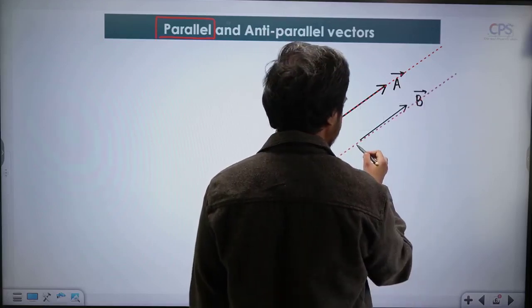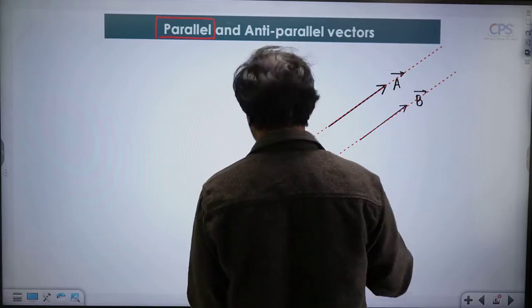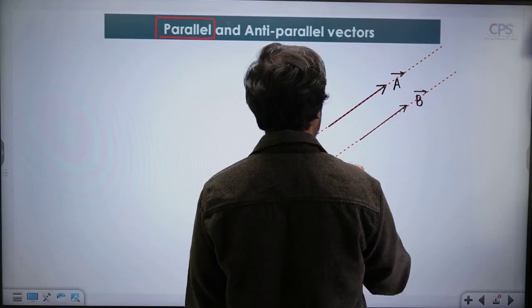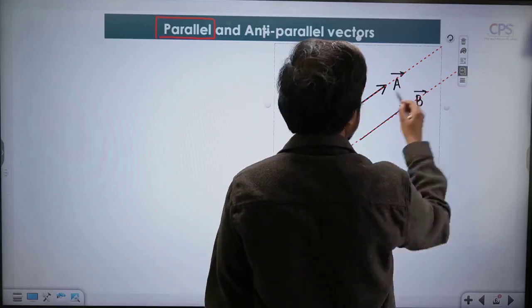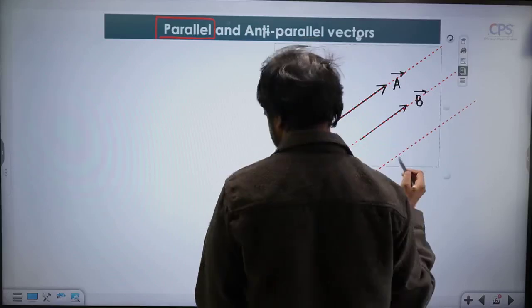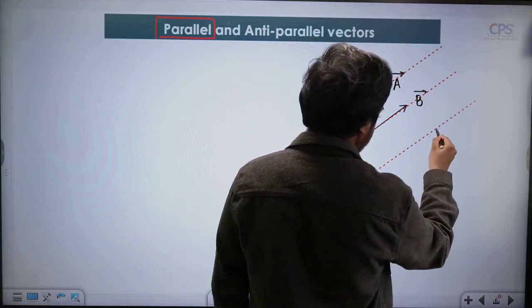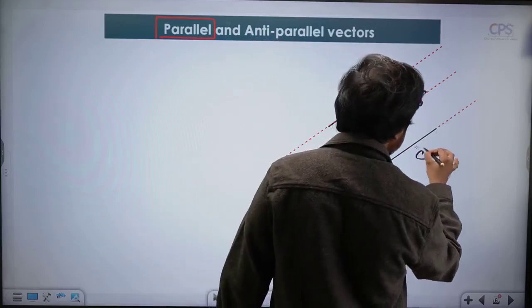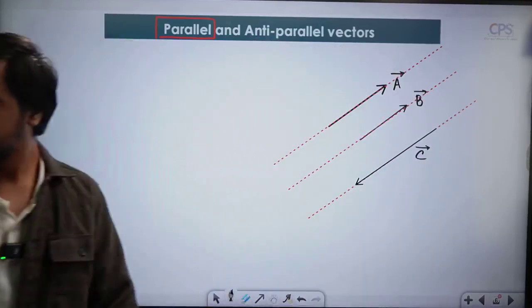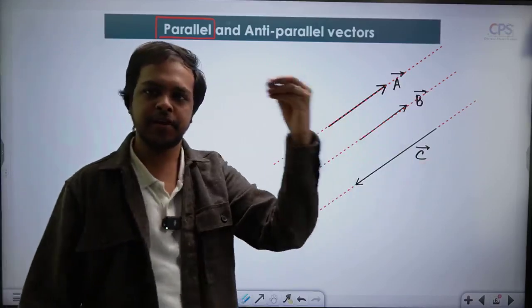Now it will be on parallel lines. Let's do another vector, on the parallel line but in the opposite direction. Let's assume this is vector C.